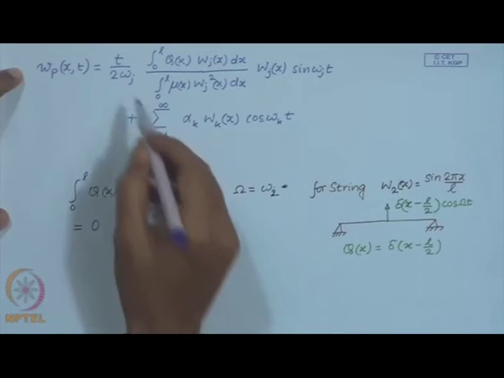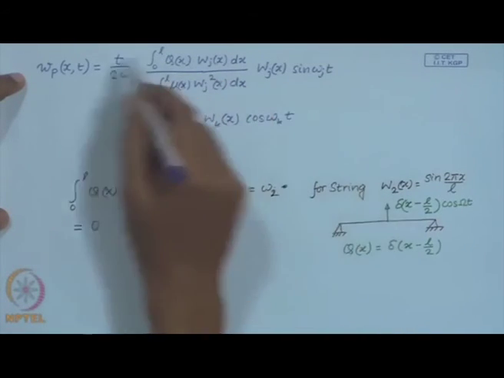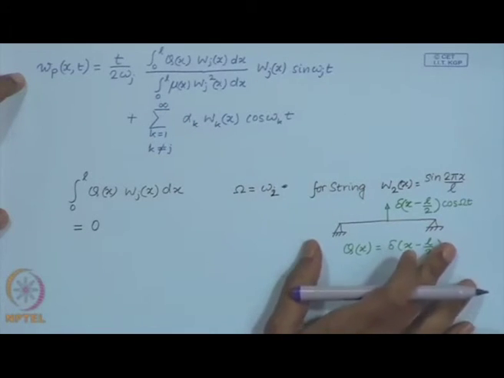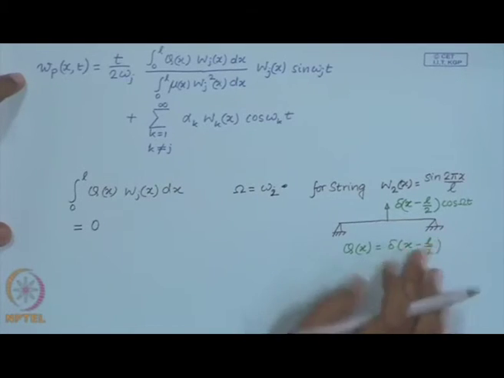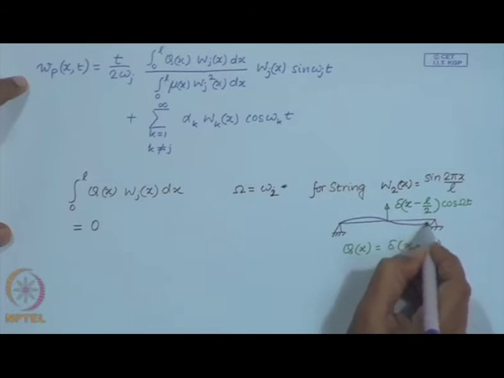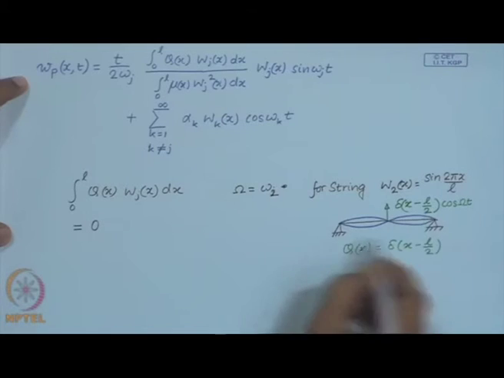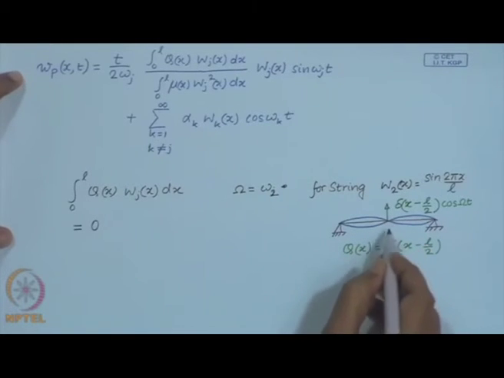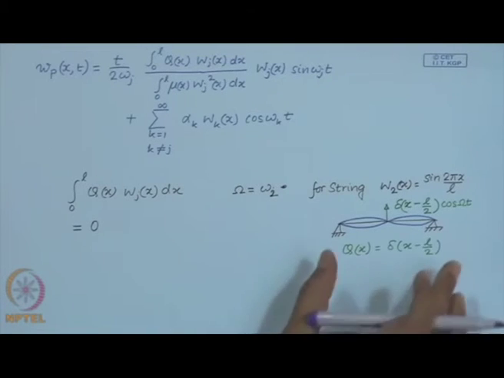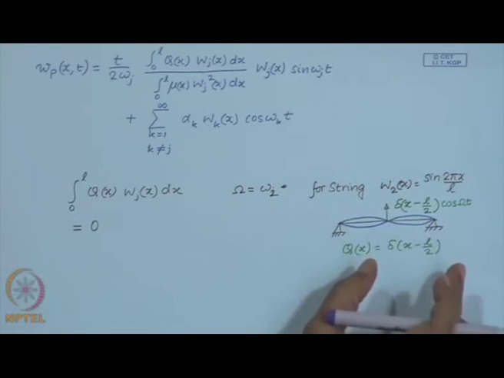which means that because of this integral vanishing, this term will drop out from the solution. So, the response of the system will still be finite. A force like this cannot excite this mode, because this forcing is at the node of that mode. So, this is one situation where there will not be any resonance.